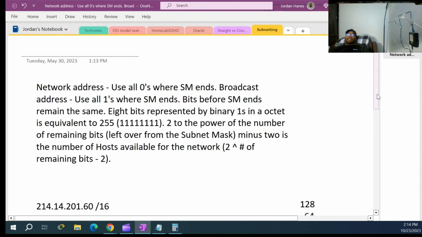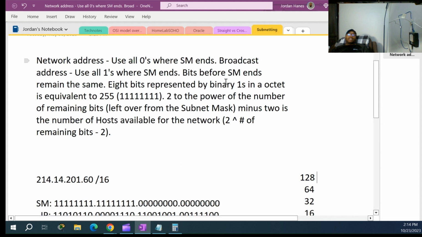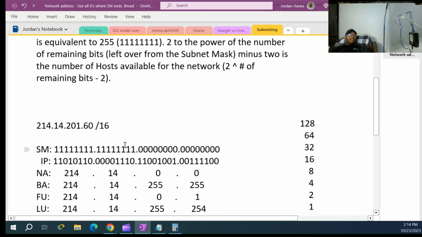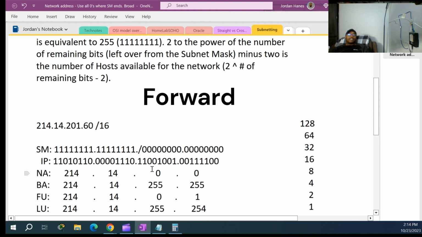And basically what that means is the bits before the subnet mask ends remain the same. So in this case, the interesting portion starts here.